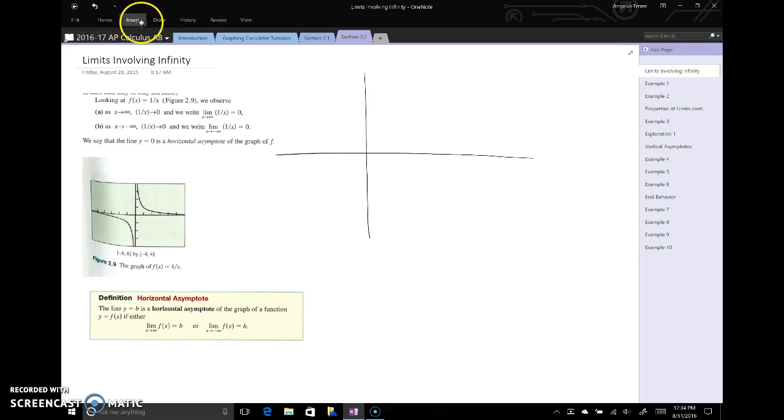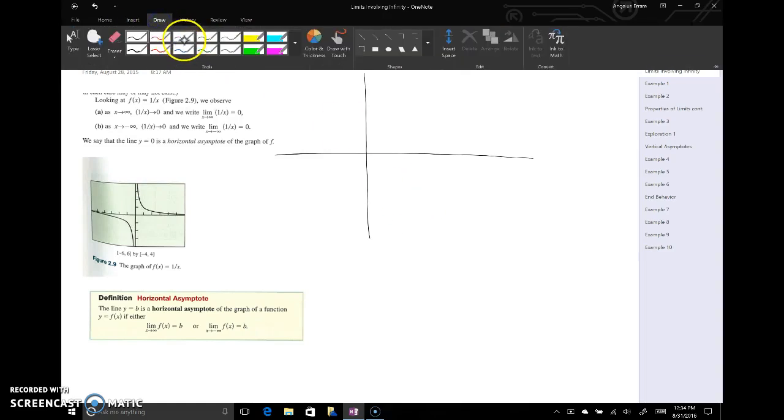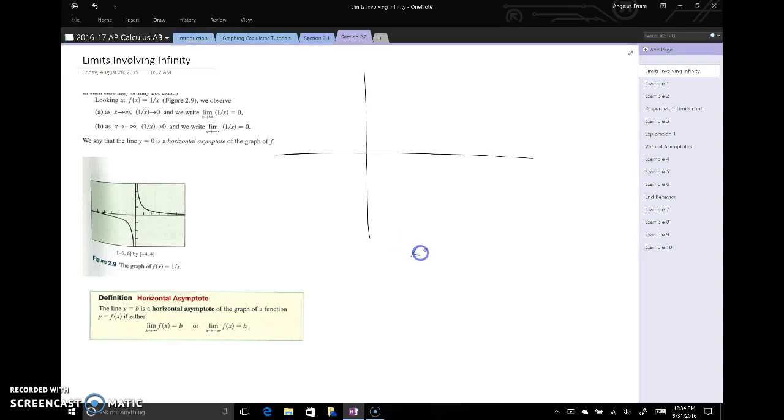Let's say that we want to understand what "x approaches infinity" means. When we write x and then the arrow and infinity, what we're saying is x approaches infinity.